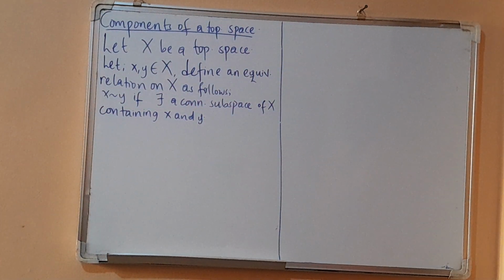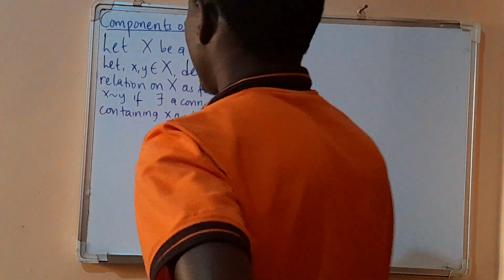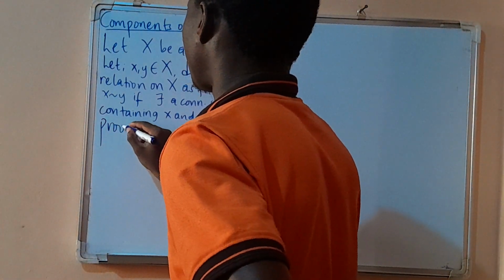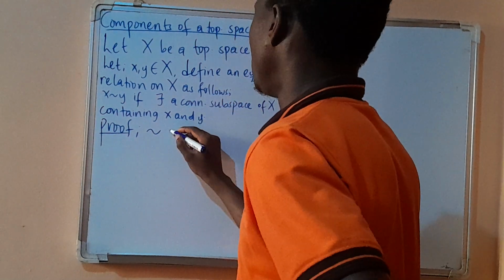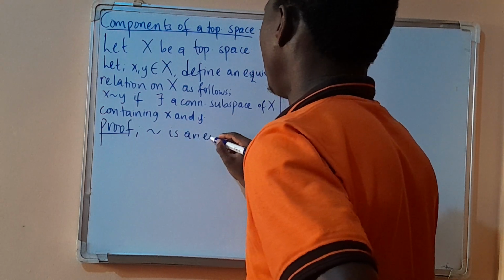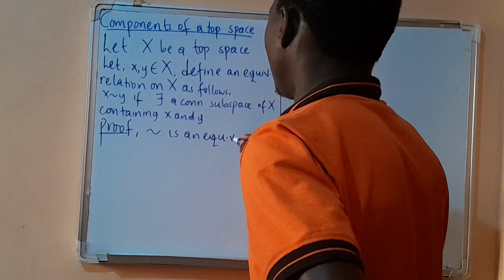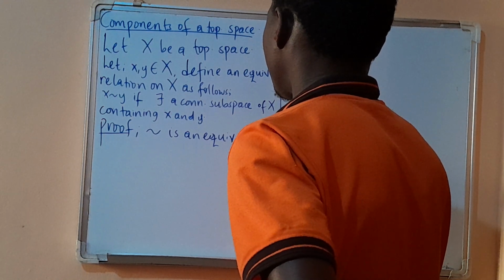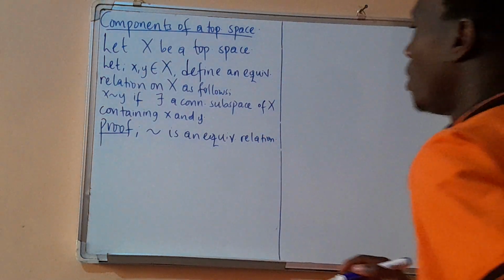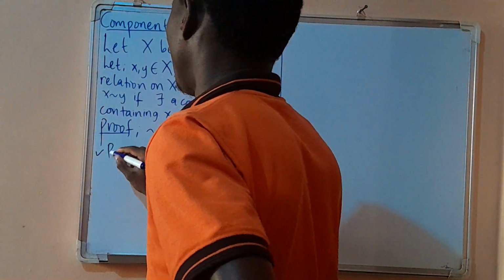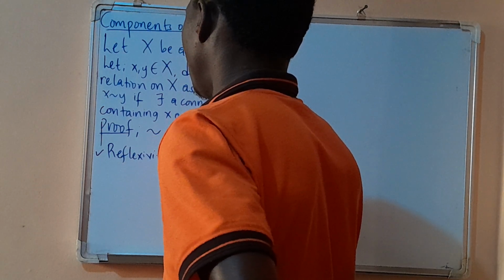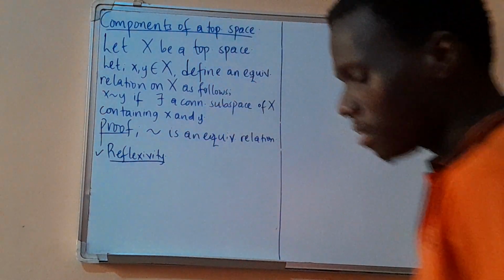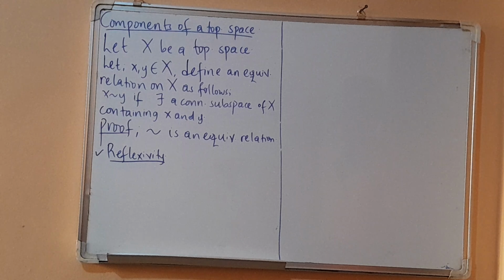Now what next? We have to convince ourselves that that is actually an equivalence relation. So proof. We are proving that this relation is an equivalence relation on elements of X. To prove an equivalence relation, you have to prove that it's reflexive, transitive, and symmetric.